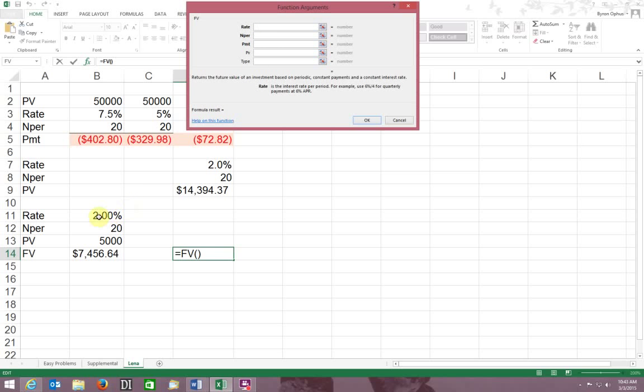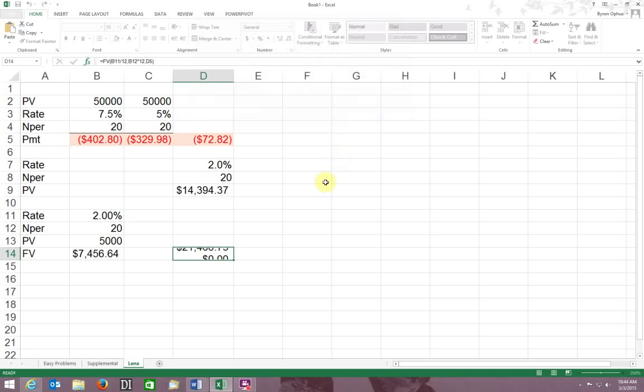Again, I've got my 2% as my rate. Divide that by 12 though, because I'm going to be making monthly payments. My 20, times 12, I'm sorry, so I've got 240. And I've got a payment then, and it'll be a negative number, already is. So that's $21,500.